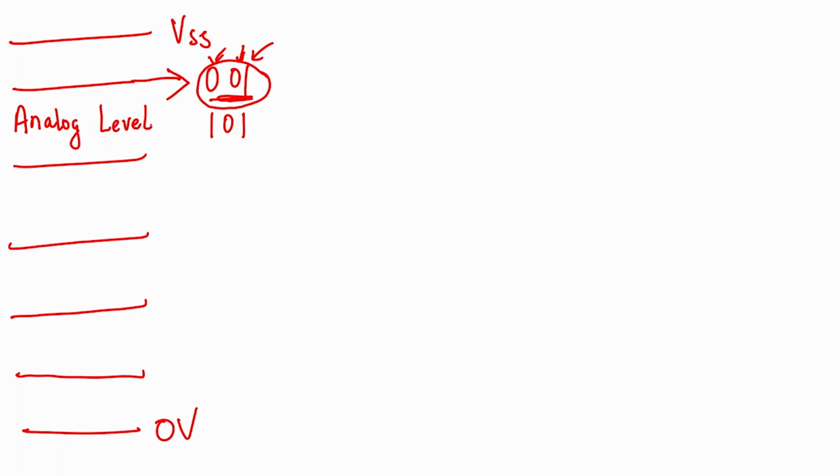These are simple terms that you need to understand, and they will come to you automatically once you understand this. So this is the analog level, and this is your digital representation of the analog level, correct. The number of digits in your digital representation depends on the number of analog levels that you need to use.